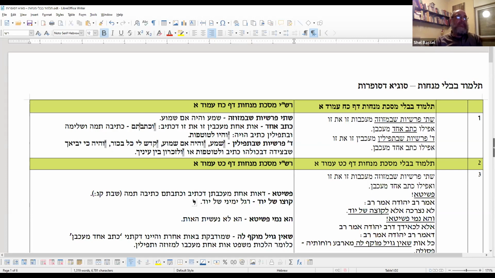But Rashi says this is the same underlying halacha, the same underlying notion that you need a ktivat tama v'shlema, a perfect and whole writing.